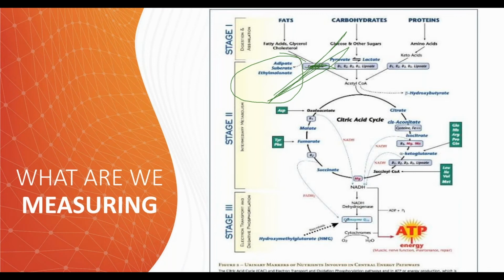Or you might not have enough magnesium, then one of these markers is going to build up. As nutrient deficits rack up, these metabolites go high. So when you see a high marker on organic acids, you know there's a nutrient deficit.